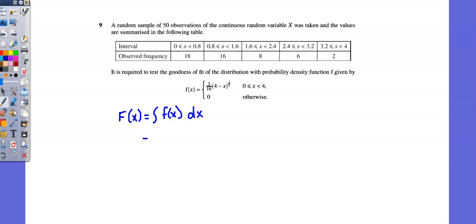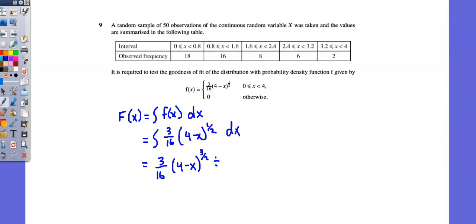So I'll integrate. I have the integral of 3 over 16 times 4 minus x to the power of 1/2 with respect to x, which integrates to 3 over 16 times 4 minus x to the power of 1/2 plus 1, 3 over 2, divided by that new exponent, 3 over 2, and also divided by the derivative of the inner function 4 minus x, which is -1, plus c.